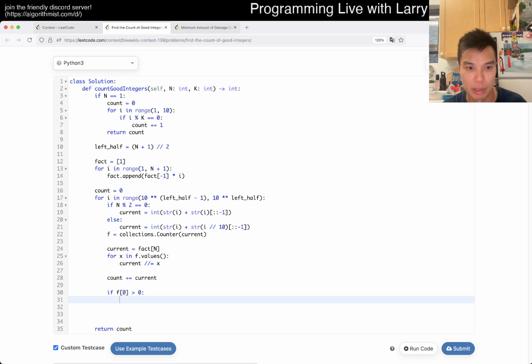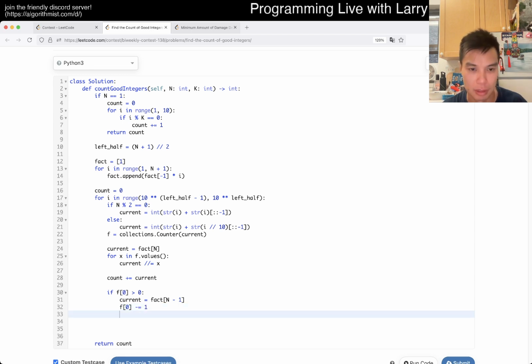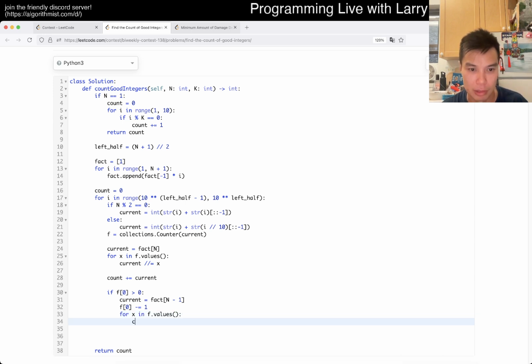the ones where, okay, current is equal to fact of n minus 1, and then we do f of 0 subtract from 1 for x in f of values, current, right, and then count subtract current.